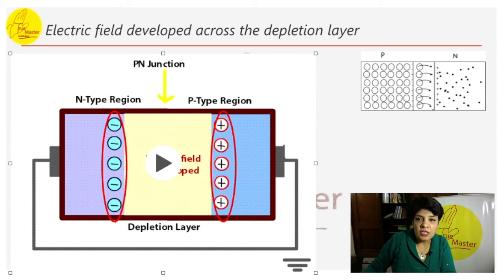The negative charge has developed in the P type and the positive charge in the N type, so a potential barrier has been developed. Since this depletion layer potential prevents the movement of electrons from the N to the P region, it is called the potential barrier.